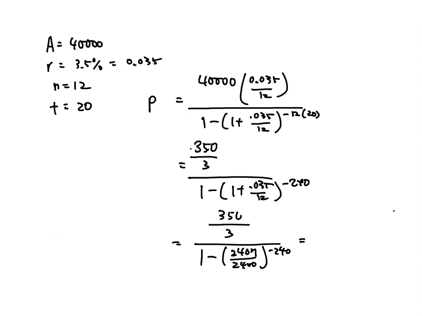Alright, I'm going to punch all that in the calculator: 350 divided by 3 divided by parentheses 1 minus parentheses 2407 divided by 2400 close parentheses raised to negative 240.